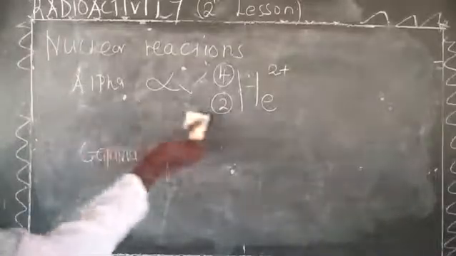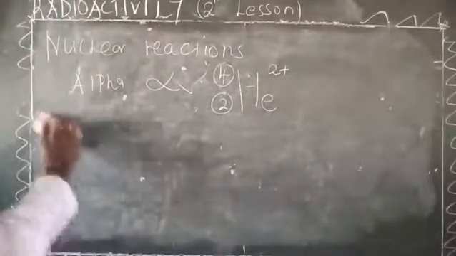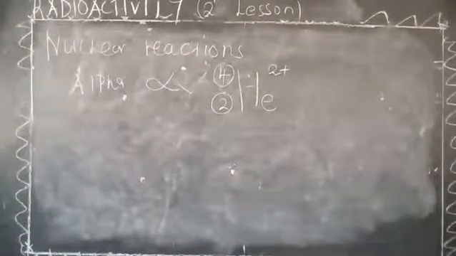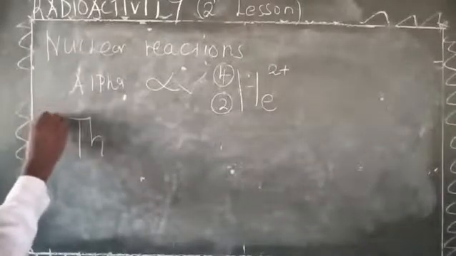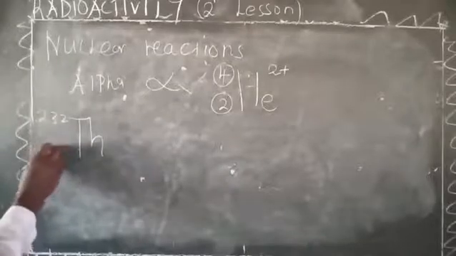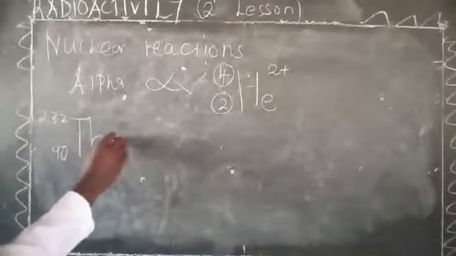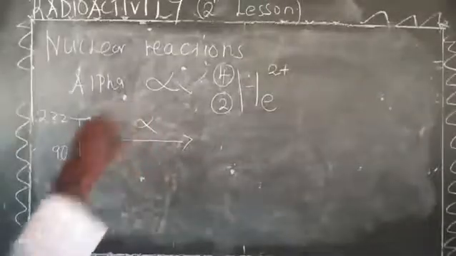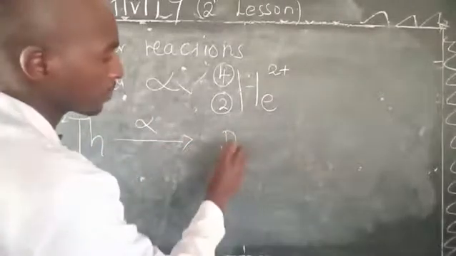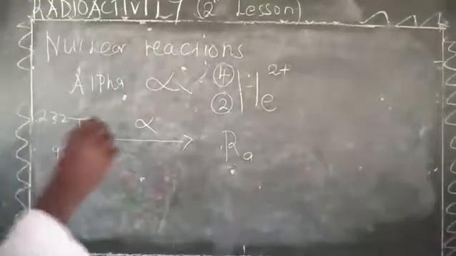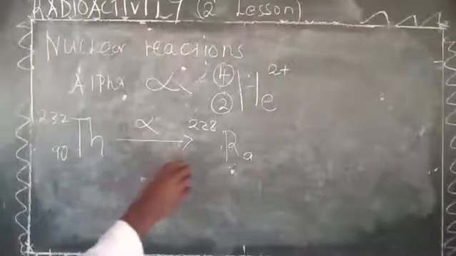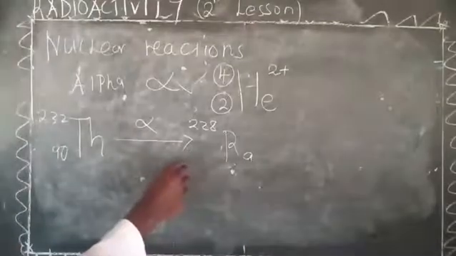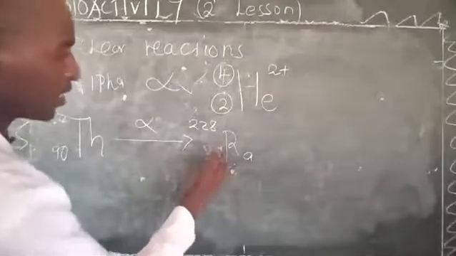where thorium undergoes an alpha decay to produce a radium nuclide. So we are saying thorium with a mass number of 232 and an atomic number of 90 undergoes an alpha decay to give us radium with a mass number of 228 and an atomic number of 88.